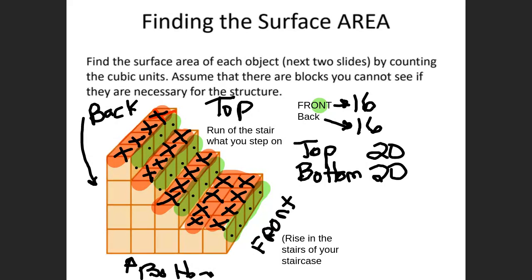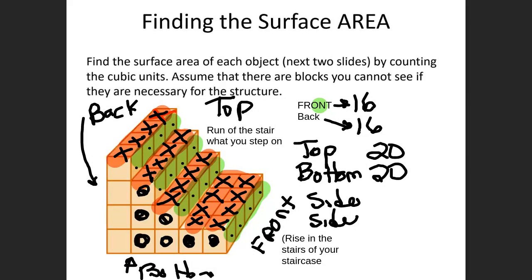Now, I have 2 side views. Those are the ones that I don't have shaded. They're not green and they're not orange. I have how many of those? Well, in this case, 1, 2, 3, 4, 5, 6, 7, 8, 9, 10, 11.